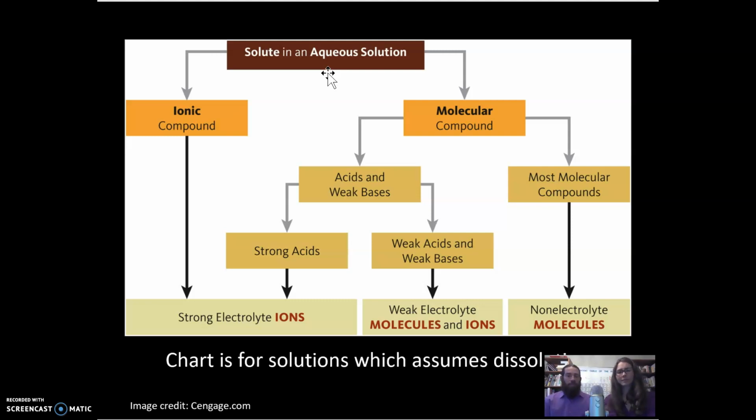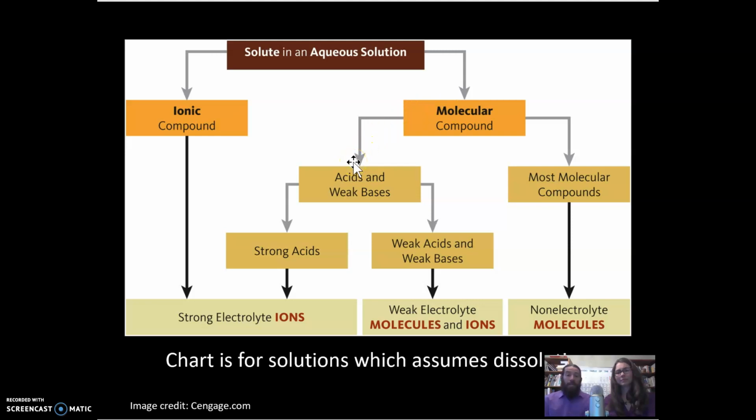So if we have a solute in an aqueous solution, it can either be an ionic compound or a molecular compound. If it's an ionic compound and it dissolves, then it's a strong electrolyte, so it's going to form the ions. If it's a molecular compound, it could be an acid or a base.